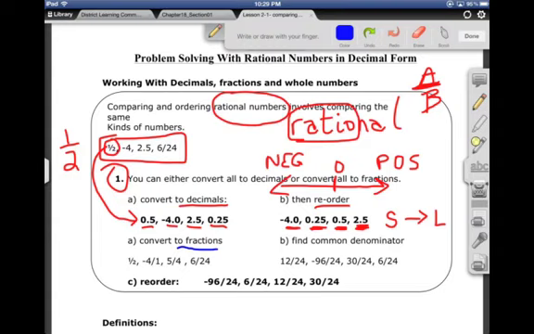So what I'm saying is this is 1/2, for example, and -4, any integer, positive or negative, is understood to be over 1 as a denominator.